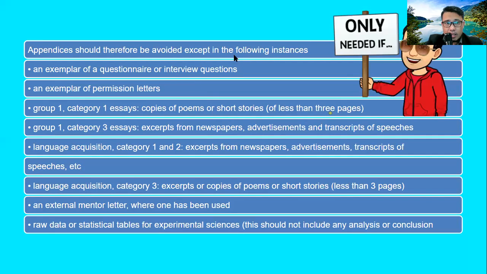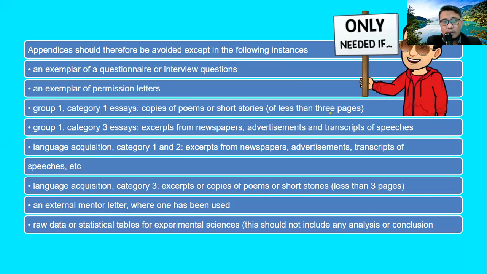For example, an example of a questionnaire or interview questions, because the teachers or examiners need to know the list of questions you have, and an example permission letter if you are doing your research outside of the school, where the institution needs a permission letter. So that's why you need to put it there. For language, group 1, category 1 essay, copies of a poem or short story, the ones that are less than 3 pages, you also have to attach.